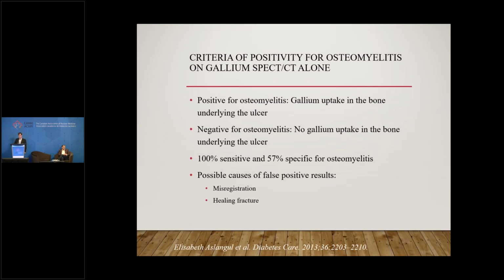Positivity for osteomyelitis if you have gallium uptake in the bone with overlying ulcer. Negativity for osteomyelitis if there's no gallium uptake in the presence of an overlying ulcer. And that group reported that it was 100% sensitive and 57% specific for osteomyelitis.